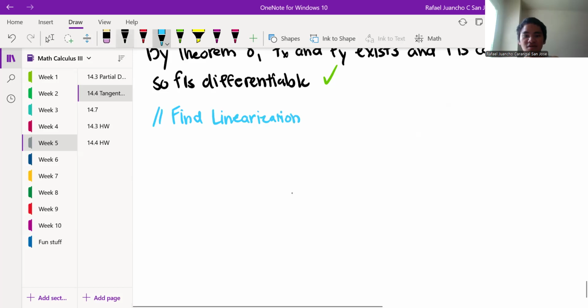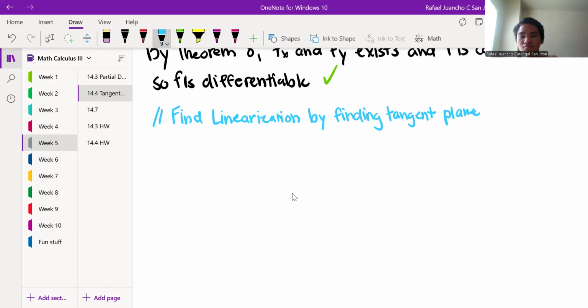So let's find our tangent plane equation. So this is going to be z minus z naught.